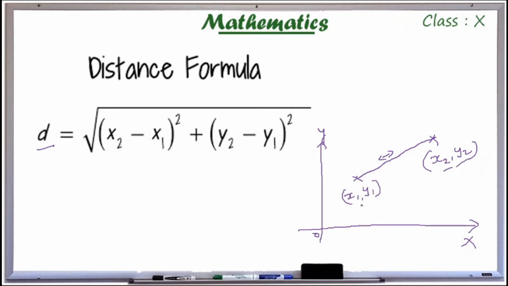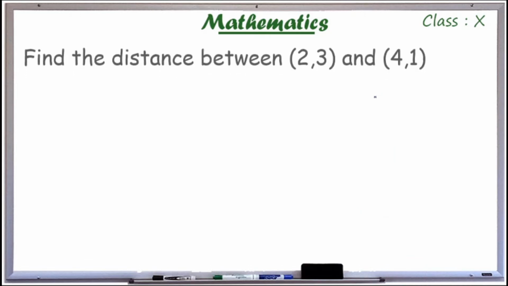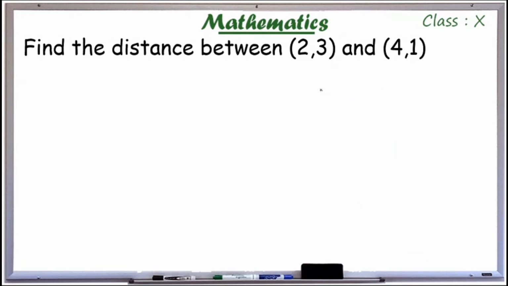We need 4 values, x1, x2, y1, y2, to find the distance between 2 points. Now we will do one problem so that you will understand. Now I have to find the distance between (2, 3) and (4, 1). Here (2, 3) means x1, y1 and (4, 1) means x2, y2.